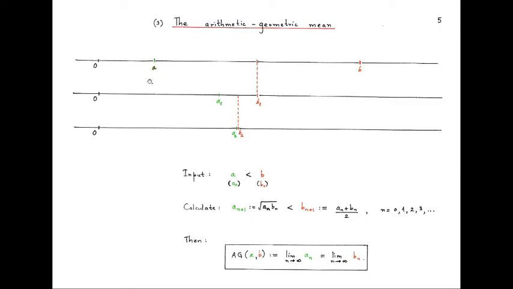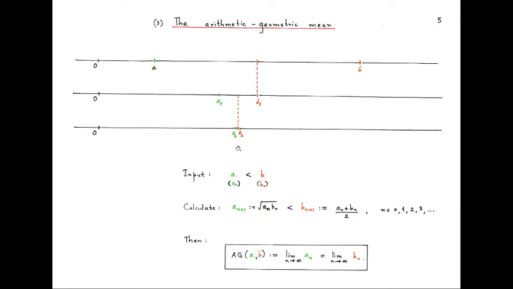So the fact that the two sequences are convergent is clear because the sequence of the geometric means is increasing, but it's bounded by b, it can't go beyond b, so it has to converge to something. So let's call it alpha. And similarly, the sequence of arithmetic means is decreasing, but it can't go beyond a, and so that sequence also has to converge, say to beta.